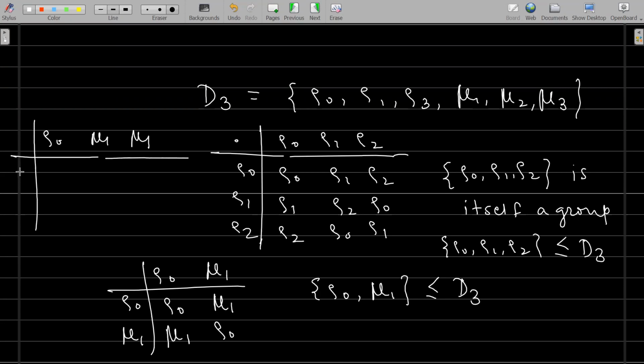But if I take rho naught, mu1, mu2, that won't form a subgroup. Check what happens now. This is rho naught, mu1, mu2. What is mu1 mu2?